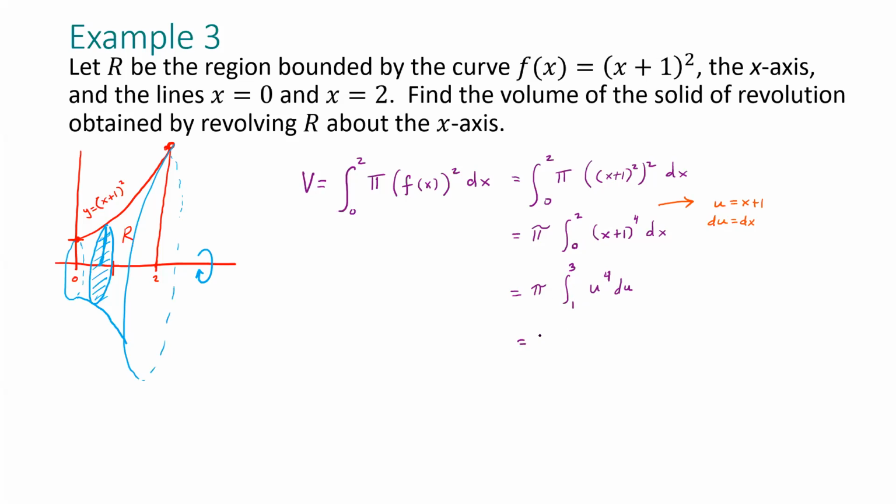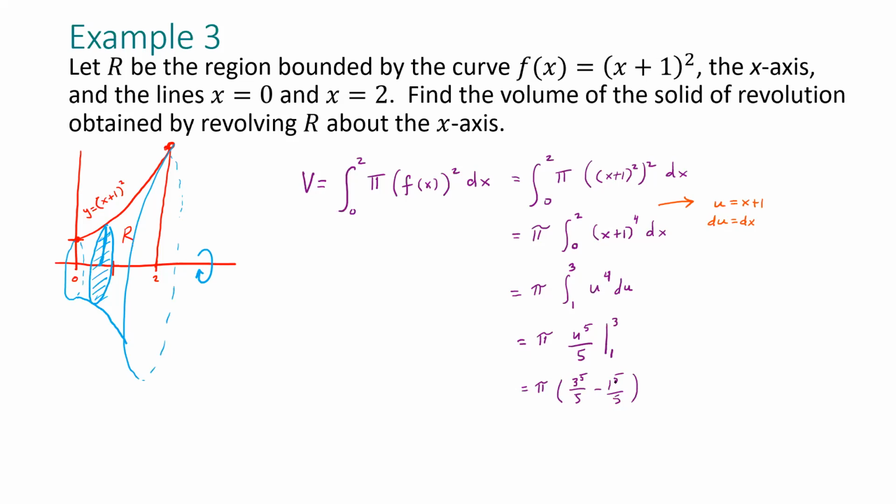So then when we integrate, we get u to the 5th over 5, evaluated from 1 to 3. So I get 3 to the power of 5 over 5 minus 1 to the power of 5 over 5. Let me see.